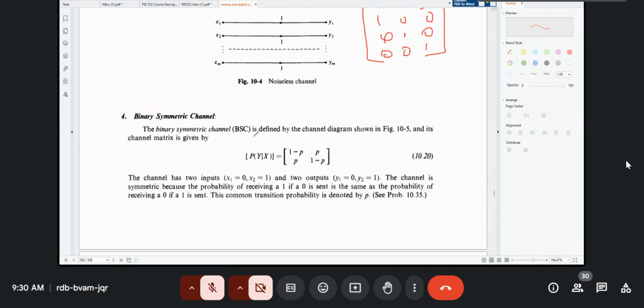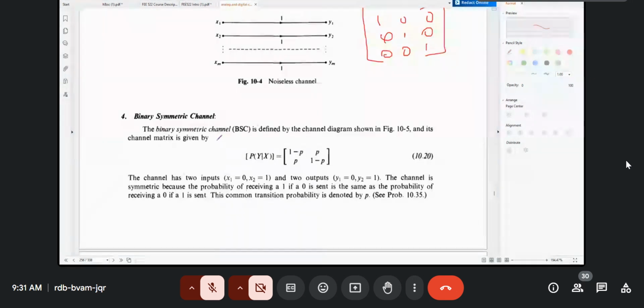So a binary symmetric channel is defined as a channel given by these probabilities, where P is the probability of getting a 1 when you send a 0, or of getting a 0 when you send a 1. That's a P.